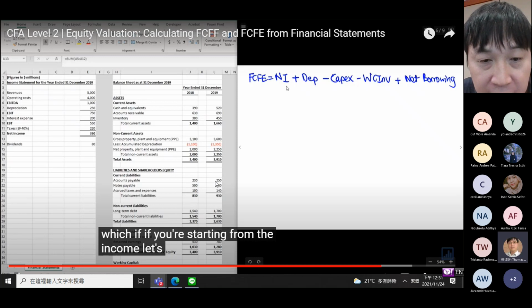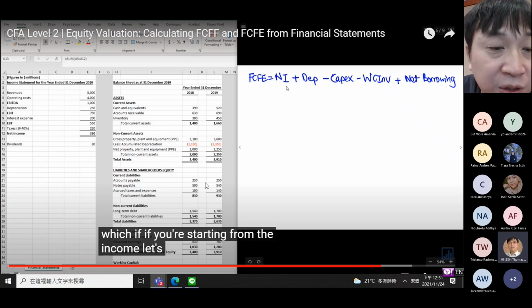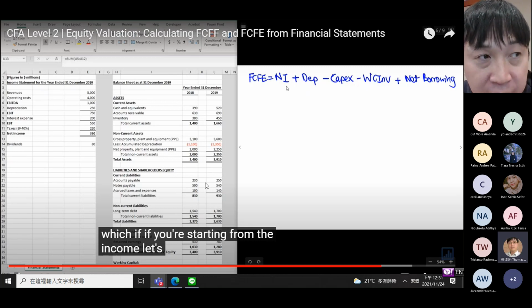In contrast, the payable, see here, changes over time from 230 to 250. So the incremental addition is 20, right? You just recognize the 250 in 2019, but actually you don't need to pay it, right?